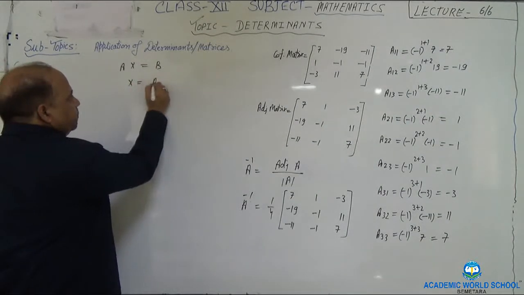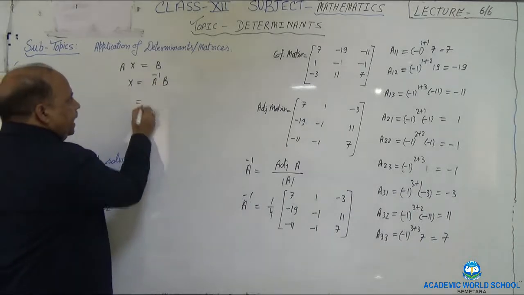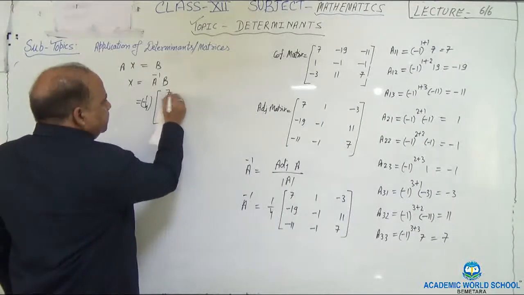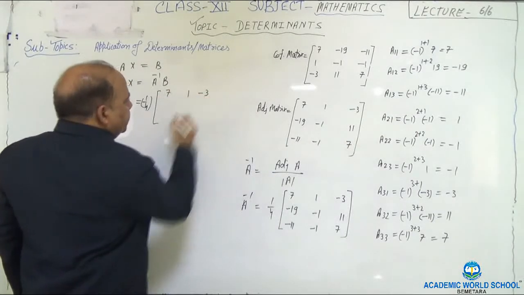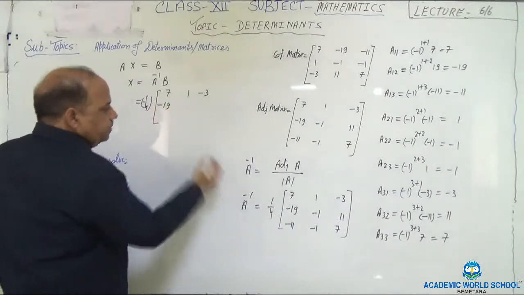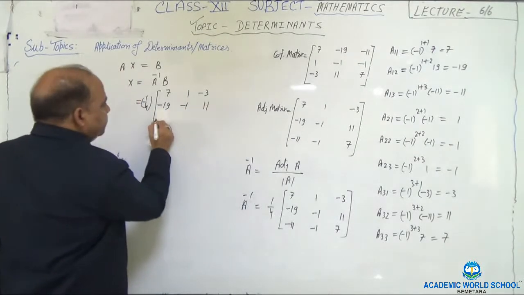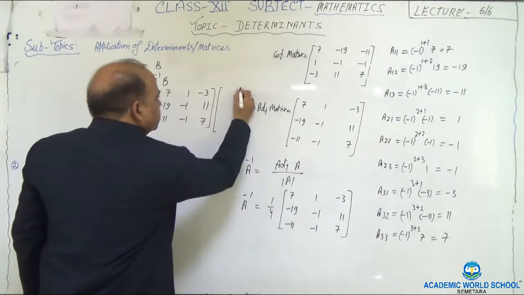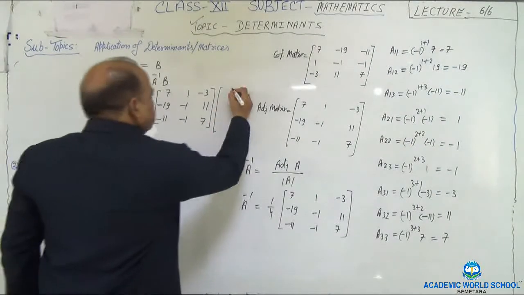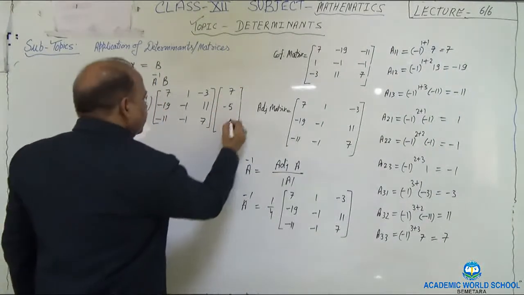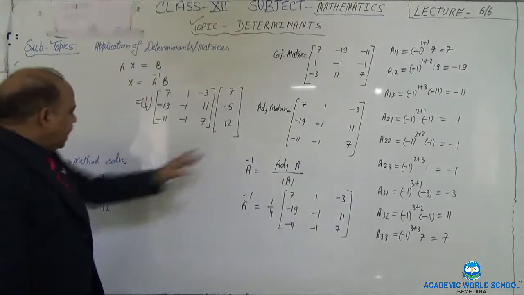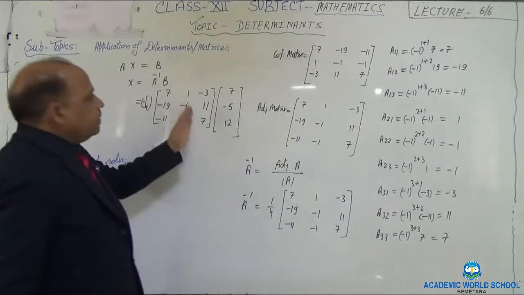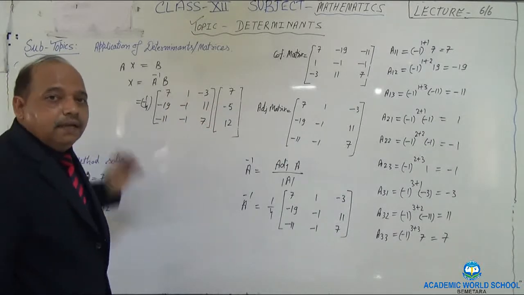X is nothing but A inverse B. A inverse is 1 by 4, then this matrix 7, 1, minus 3, minus 19, minus 1, 11, minus 11, minus 1, 7, and your scalar matrix is 7, minus 5, and 12. That was our 7, minus 5, 12, our scalar matrix. Now what do we have to do? We have to simply multiply and get the answer.